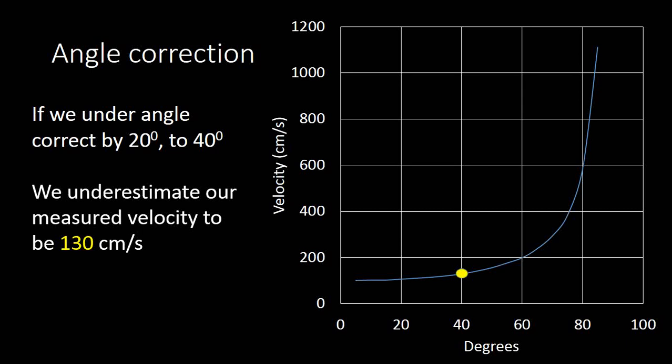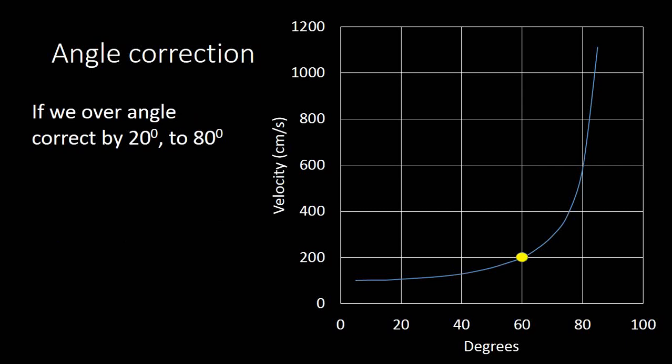So the cosine of 40, when you divide that into 100, gives you 130. And so our raw velocity is 100. The velocity we should be getting is 200 if we properly angle correct to our true angle of inclination that's 60 degrees. But here we under-angle corrected and we underestimated our velocity.